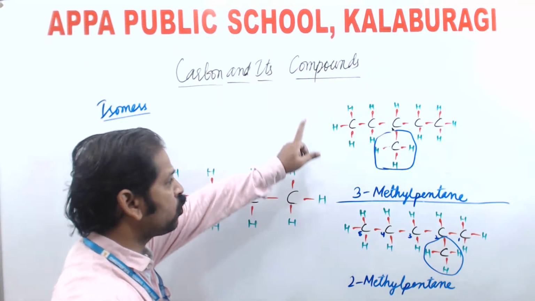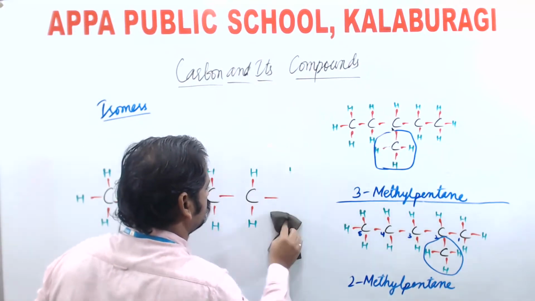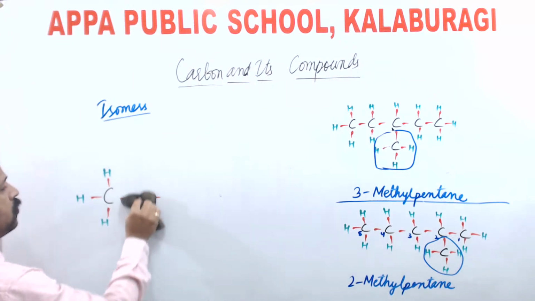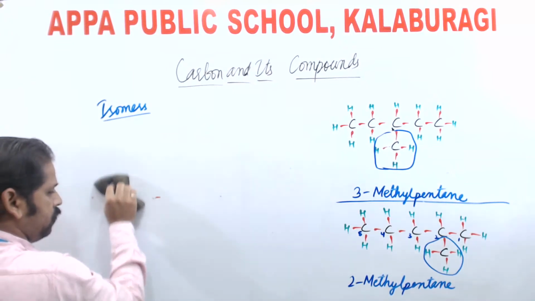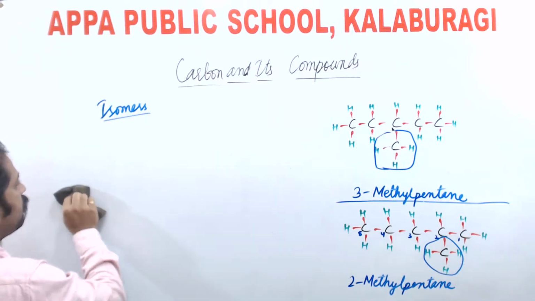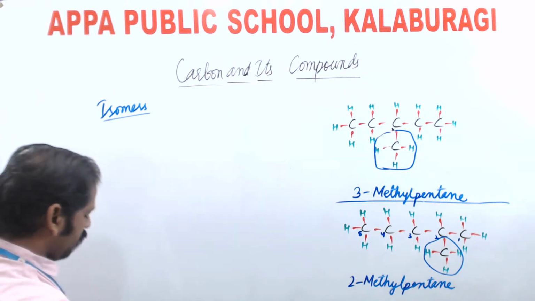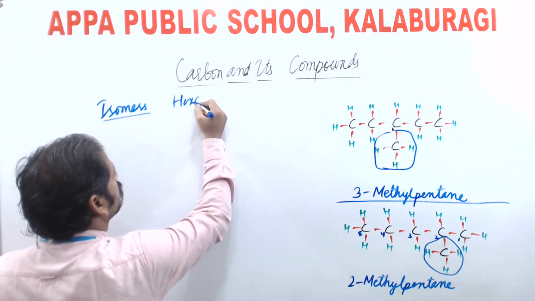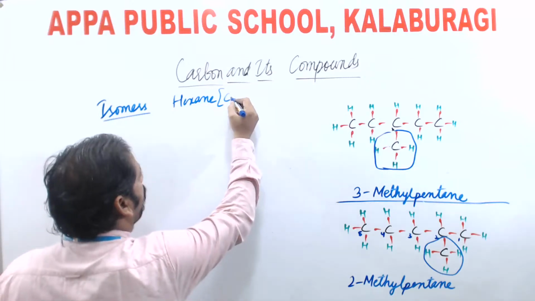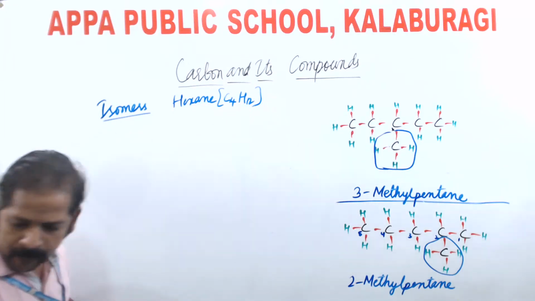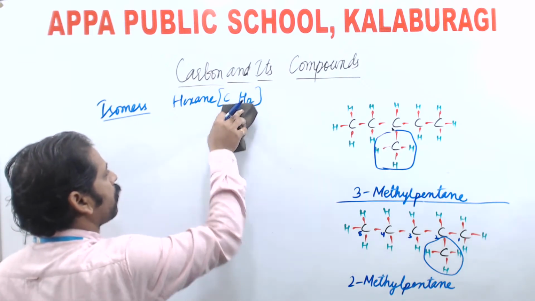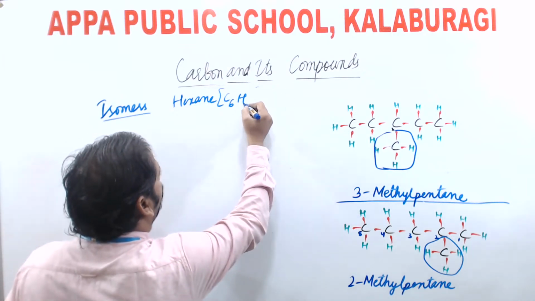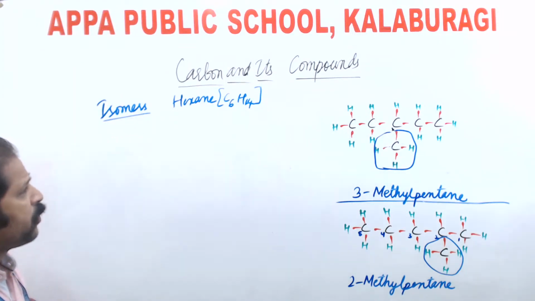I have this main carbon. I'll show two more carbons here. Isomers, we are discussing about hexane, C6H14.